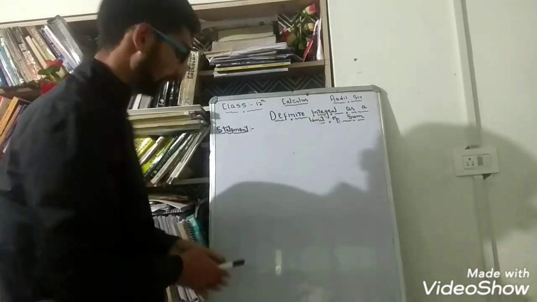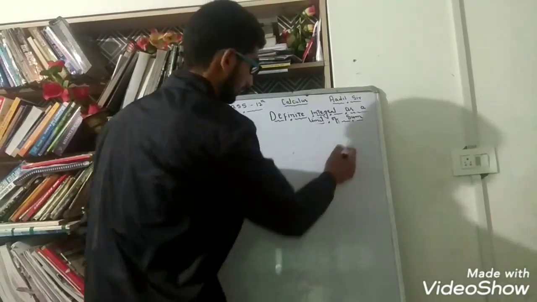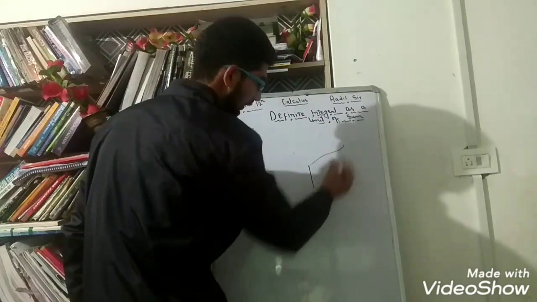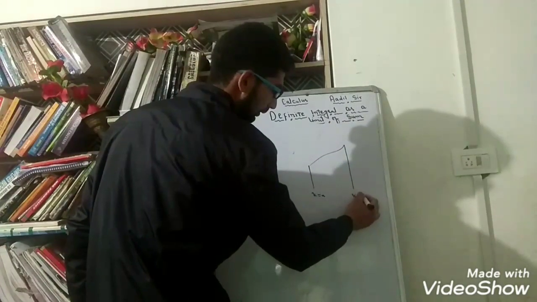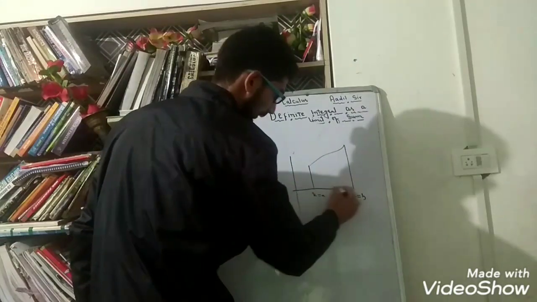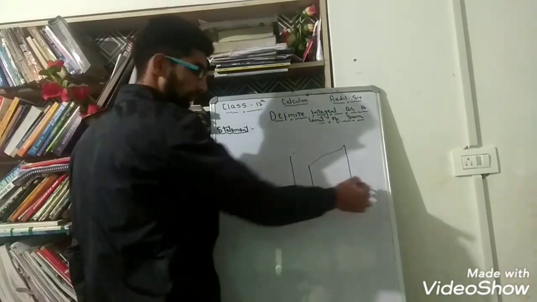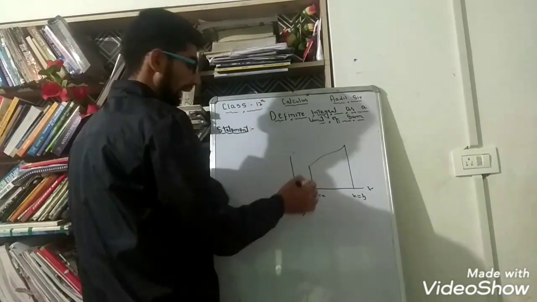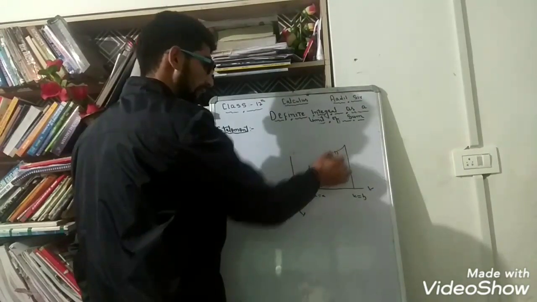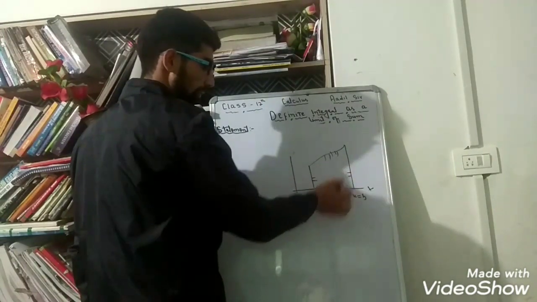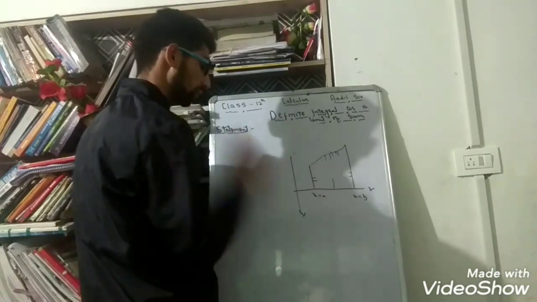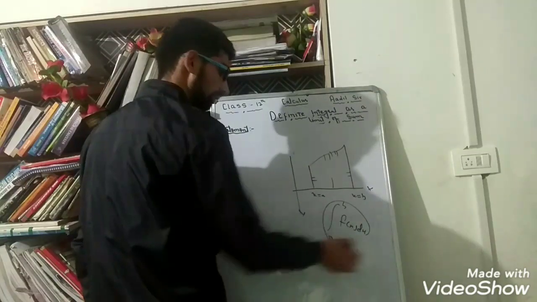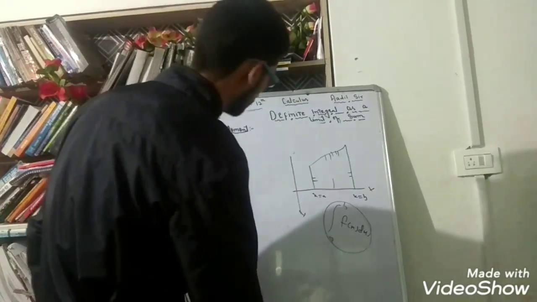We know now if we have a curve f of x, and it is continuous, and x is equal to a, and x is equal to b, and this is my x-axis and this is my y-axis, then by the geometrical meaning of this definite integral, the area under this curve and bounded by the coordinates x is equal to a, x is equal to b, and the x-axis is equal to the definite integral of f of x dx. We have already discussed it, and we have already given its proof also.